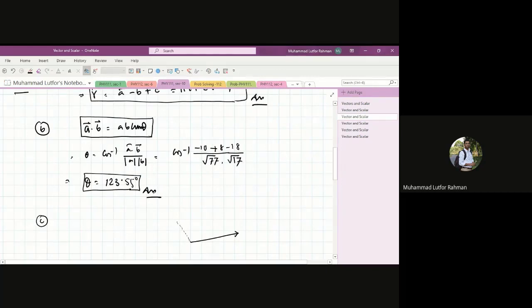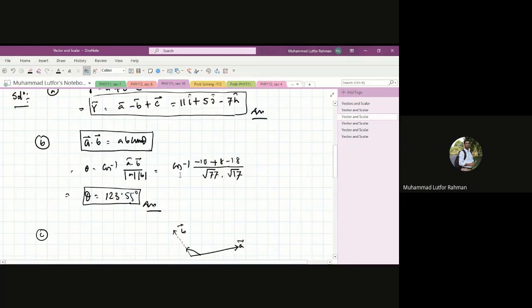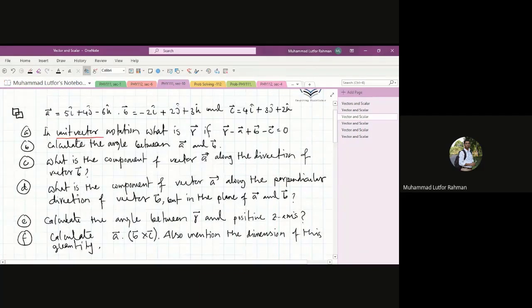Say this is the vector B. The angle is theta between them, which is 123. Then I have to find the component of vector A along the direction of vector B. How am I going to find that one?